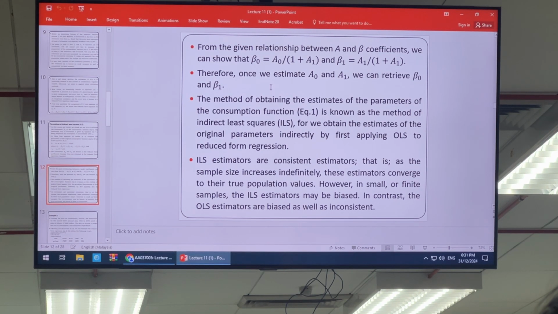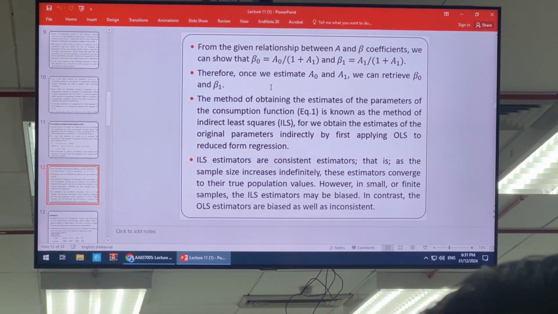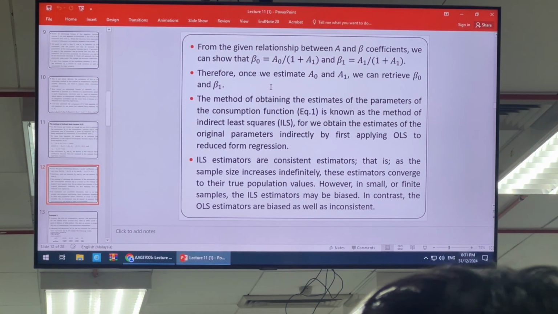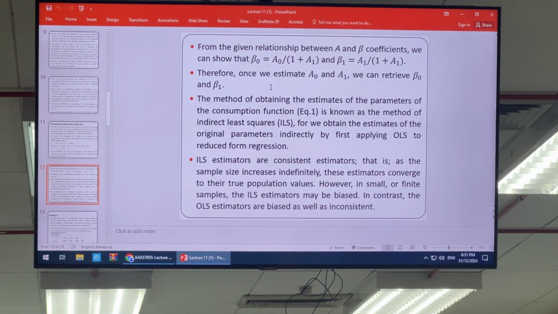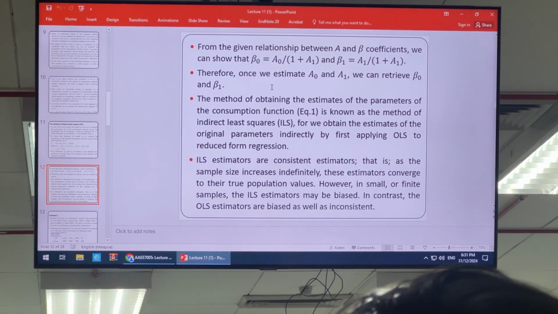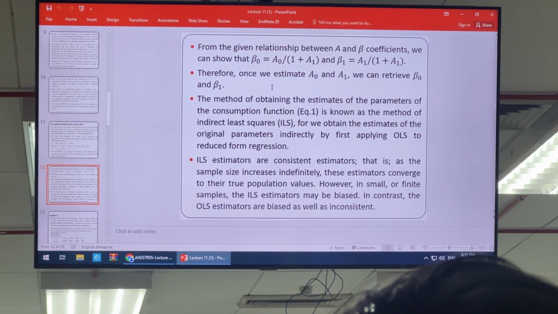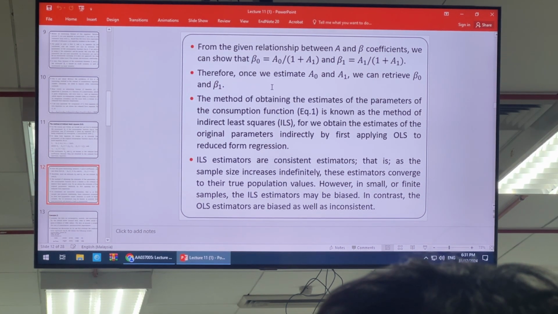The method of obtaining the estimate of the parameters of the consumption function in the first equation is known as the method of indirect least squares. Because we get the estimate indirectly, instead of directly estimating using least squares for the first equation, we transform the first equation to the corresponding reduced form equation first, and then we estimate the reduced form equation, regress, get the estimates, and then use them to calculate the parameters in the original equation 1.